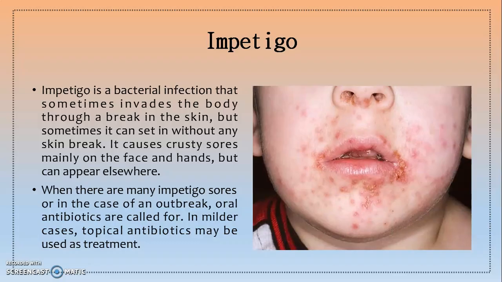It causes crusty sores mainly on the face and hands, but can appear elsewhere. Children, especially boys, are most prone to impetigo, but sometimes adults can get it too. It's most common during the summer. Outbreaks are possible as infections can spread to many people.